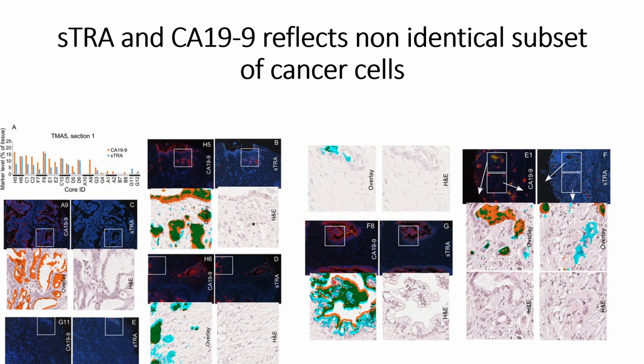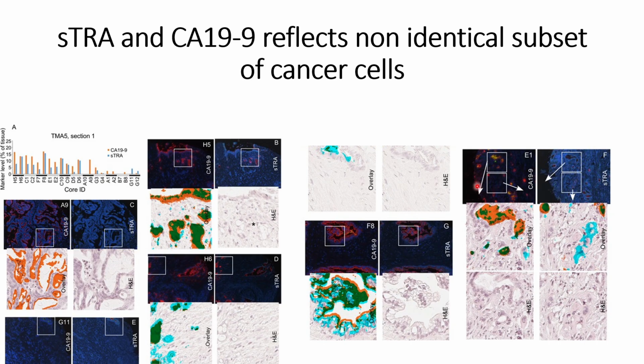But the important thing is that sTRA is expressed on the differentiated pancreatic cancer cells that have CA19-9. This indicates that sTRA could be expressed in the neighboring cells that contain CA19-9 expression.